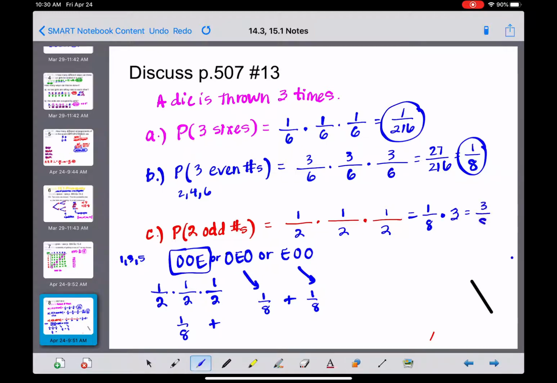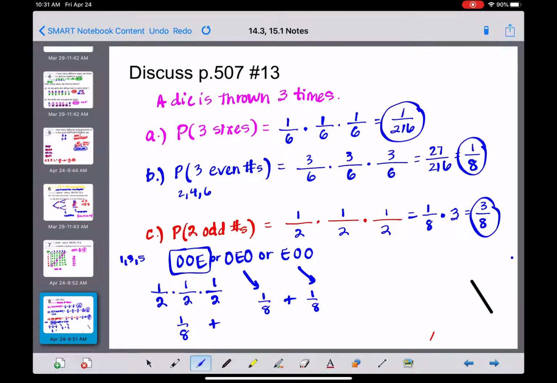So our answer really is 3 over 8, because 1/8 plus 1/8 plus 1/8 would be 3/8, or 1/8 times 3. So that ends 14.3 and 15.1, a little bit with permutations, combinations, and the fundamental counting principle, and then getting into a little bit of probability.